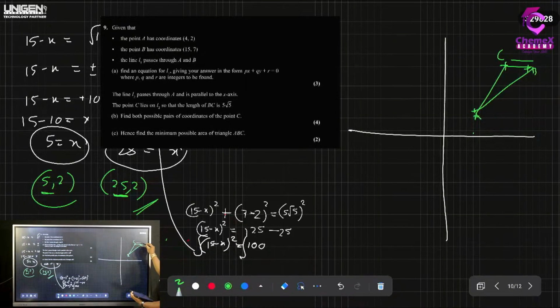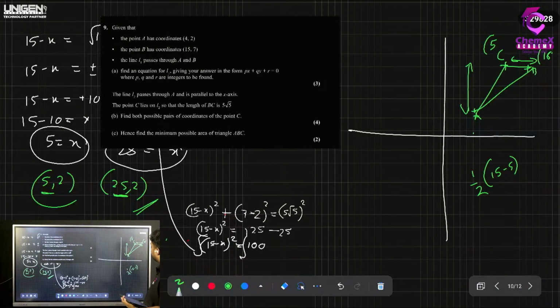So if you know this gap and this height, you can use half into base into height. So half times, what's B's coordinate is 15, C's coordinate is 5. So 15 minus 5, sorry, B's coordinate is 15, A's coordinate, sorry, that's A's coordinate, no?